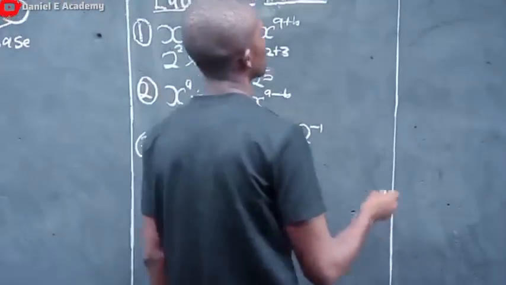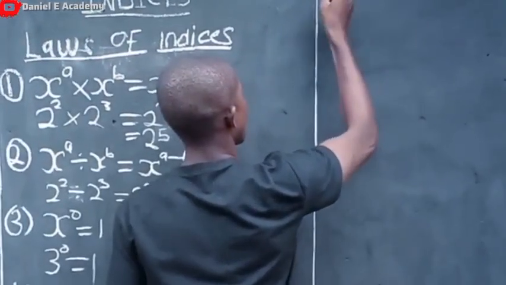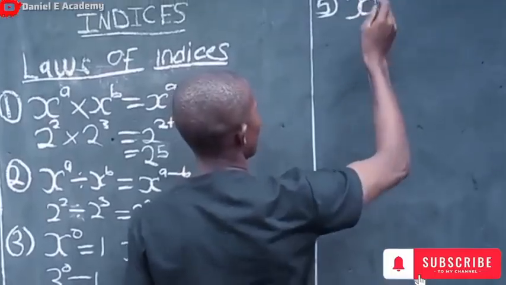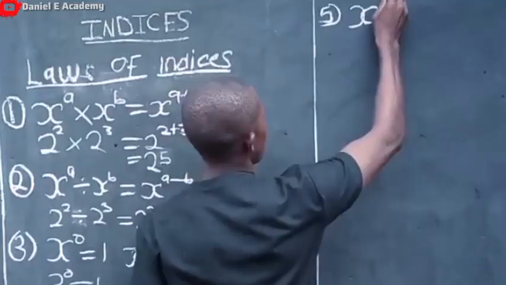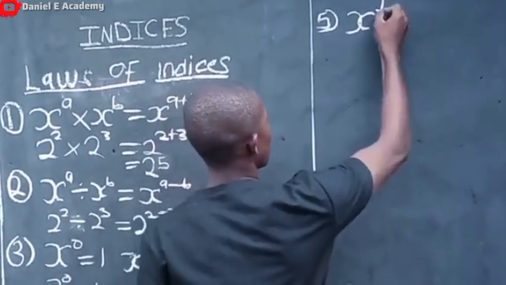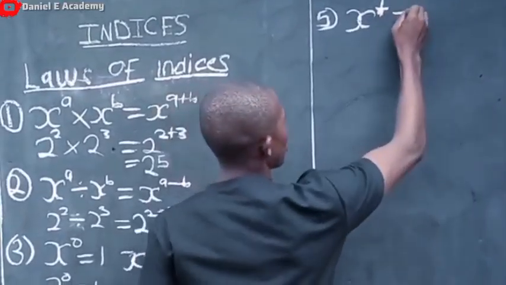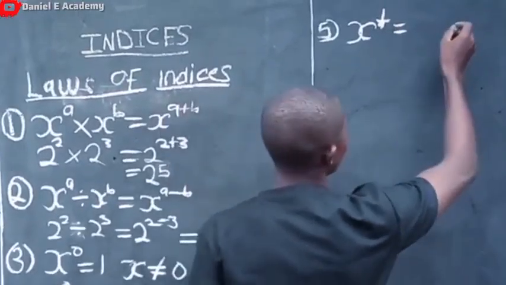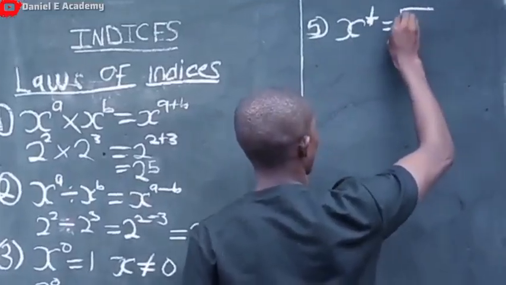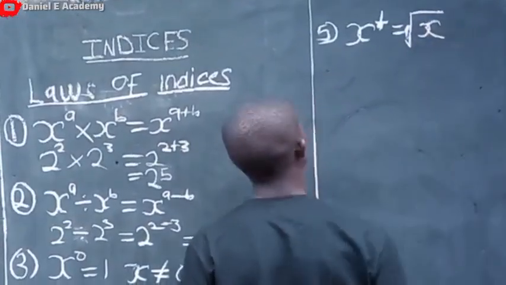Let's go to the fifth law. x to the power of 1 over a equals the a-th root of x.